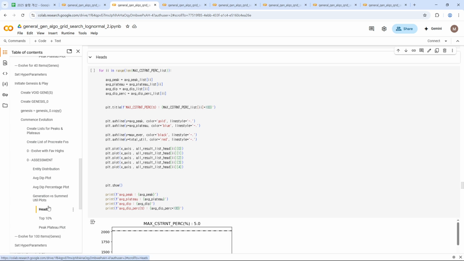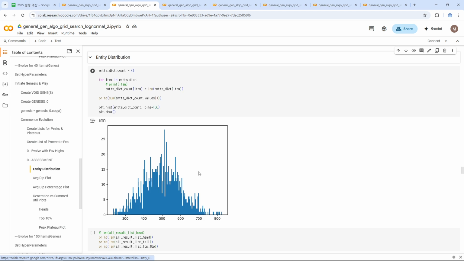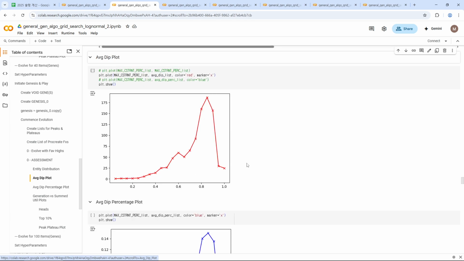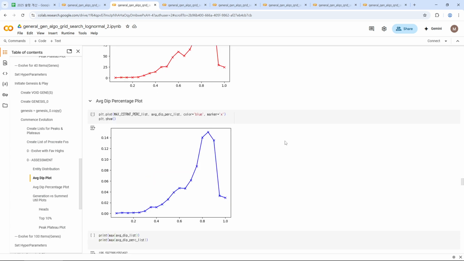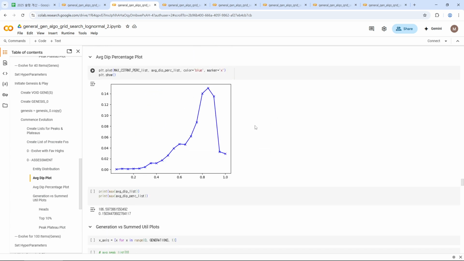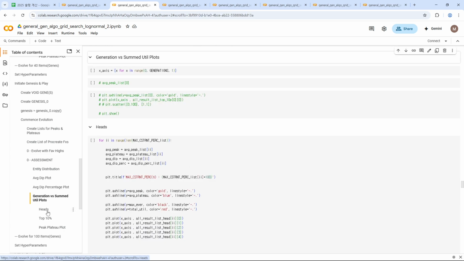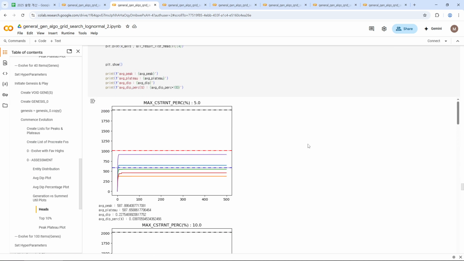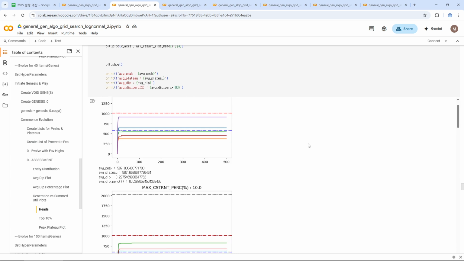So heads for 40 items, entity distribution for 40 items, again looking quite normal, but less normal than before. Average dip plot, usual. Average dip percentage plot, usual. Here are some utility plots.